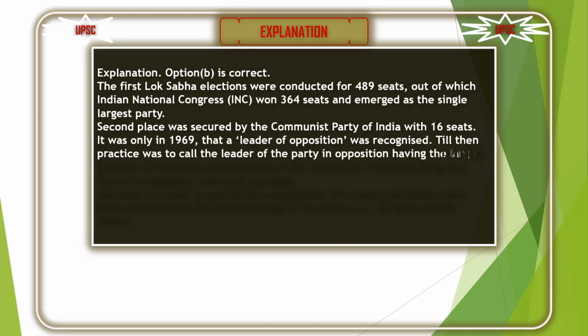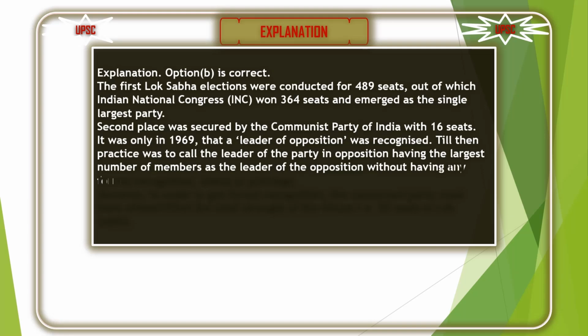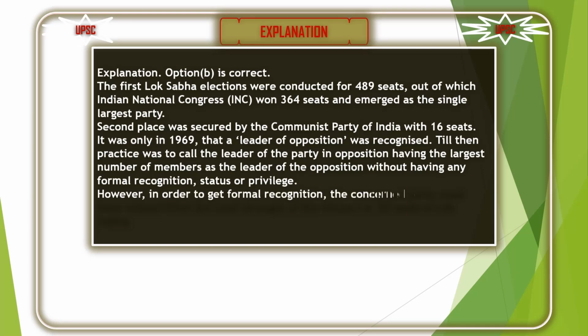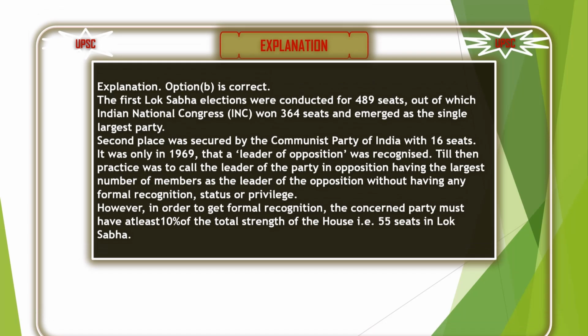Till then, the practice was to call the leader of the party in opposition having the largest number of members as the leader of the opposition without any formal recognition, status, or privilege. However, in order to get formal recognition, the concerned party must have at least 10% of the total strength of the House, i.e. 55 seats in Lok Sabha.